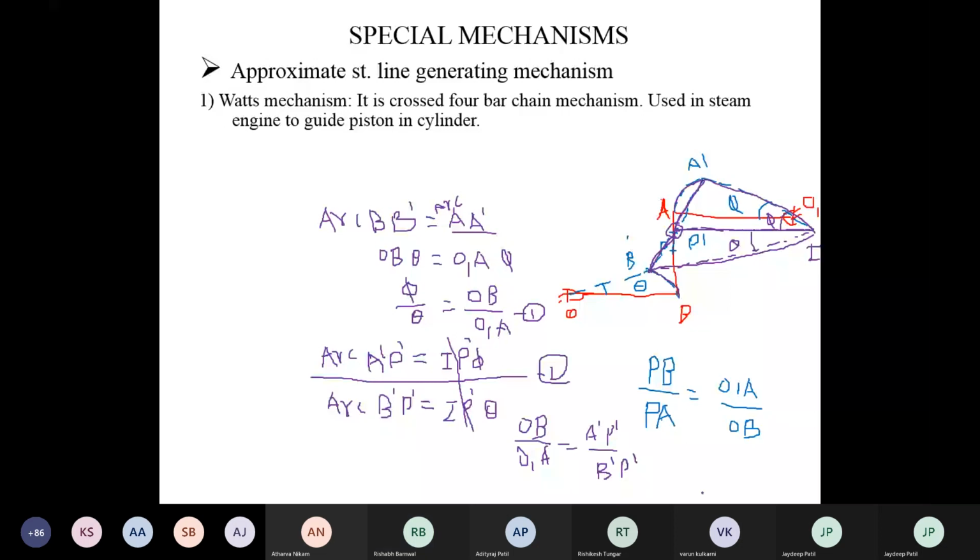Location of the P is the same on the link. Correct? Means the distance of P from A and B are same. When the mechanism changes its position, distance becomes same because it is a link. Okay, means what you have to write down here, A dash P dash is equal to AP and B dash P dash is equal to BP. Okay, यहाँ पे क्या आएगा? A dash P dash upon B dash P dash is equal to AP upon BP.